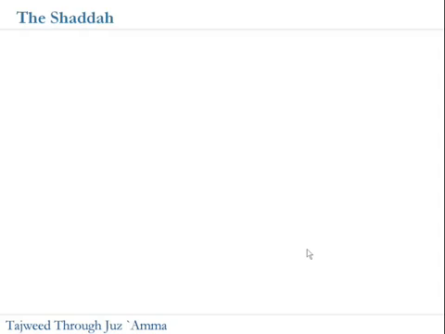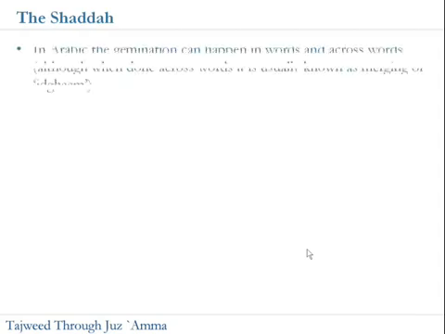So in Arabic it's known as the shadda, and it happens within certain words, and when you do the gemination or the doubling up across words, it's normally known as merging or idgham, and we'll cover this under some other lessons.